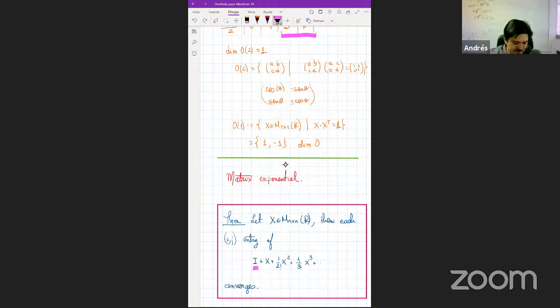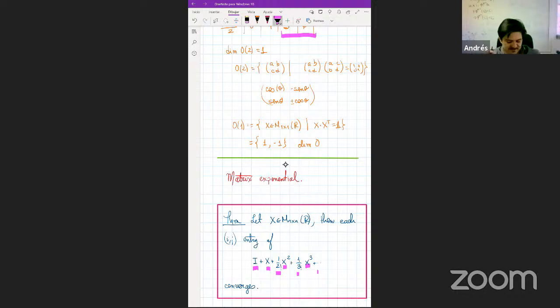So I take the identity and then x squared, x cubed, and so on. So when I do that, if I look at each entry, I have basically n squared series, the one that we study in calculus.